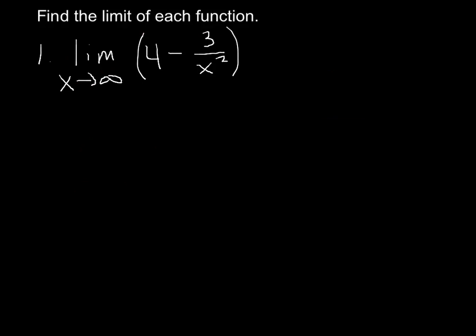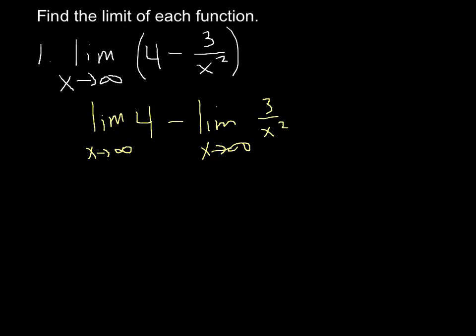Alright, so let's find the limit of the function. If we use our properties of limits, we could break this up and say that this is the limit as x approaches infinity of 4 minus the limit as x approaches infinity of 3 divided by x squared. Well, the limit as x approaches infinity of 4 is just going to be 4.